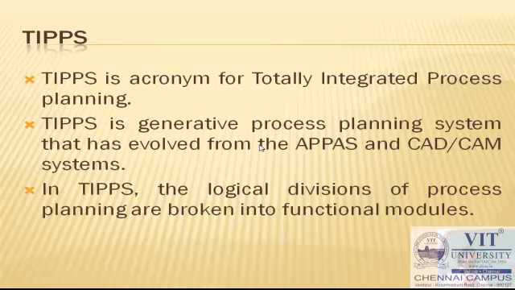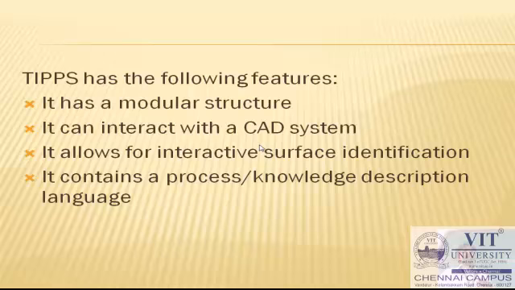Like AutoPlan, this is also some kind of automated process plan generator. According to the instructions given, you can generate your own process plan. So this is also called a generative process planning. By using some logical process, the process planning is created here.